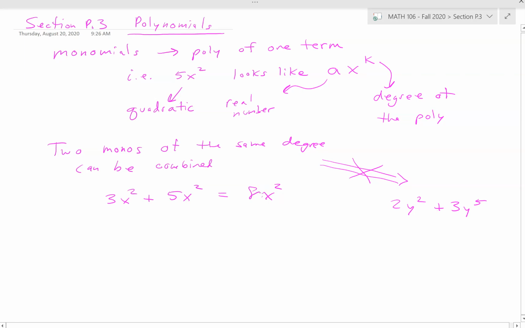And by the way, when you have two monomials in the same expression, that has another name. That's called a binomial. And think about it. Mono means 1, bi means 2, poly means many. All right. So far, so good? Yeah? Awesome.